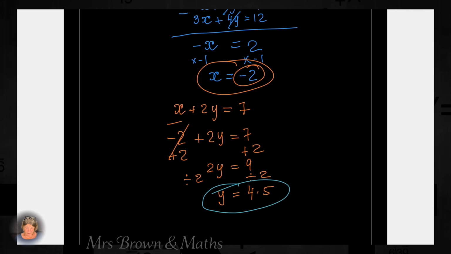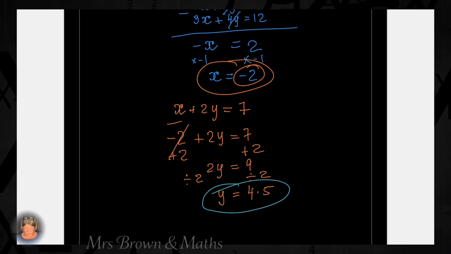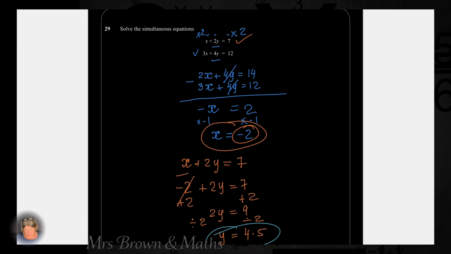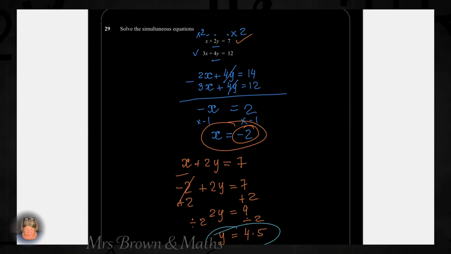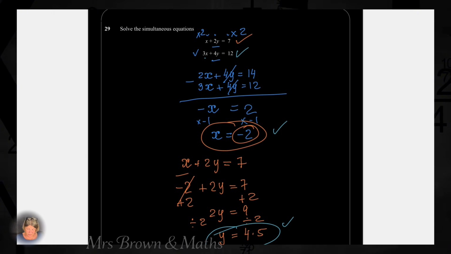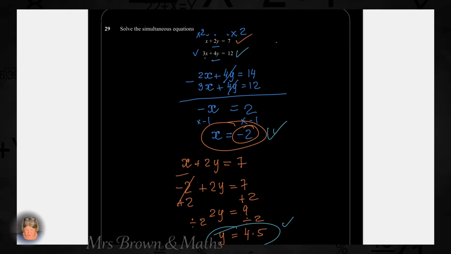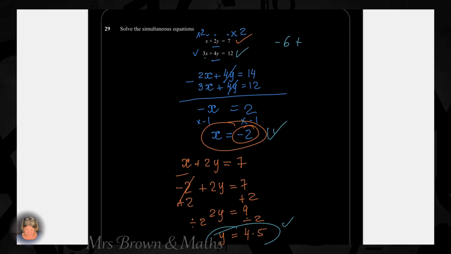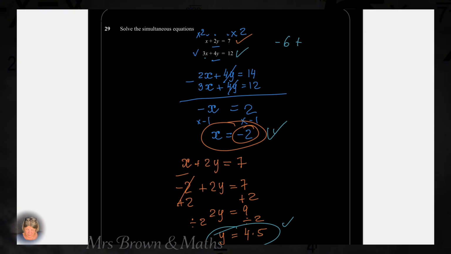That is the second answer. Right, if you have time, you can choose the second equation and substitute both numbers. Let's do it. Right, so 3x means 3 times minus 2 is minus 6, plus 4 times 4.5 is 18, and hopefully it will equal 12.